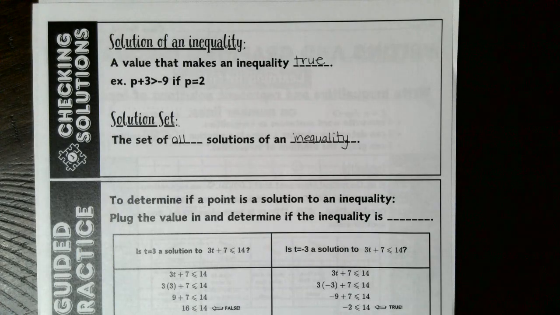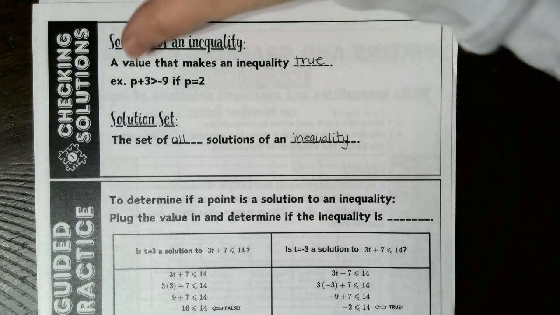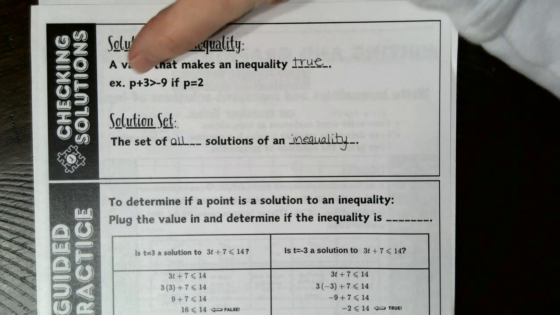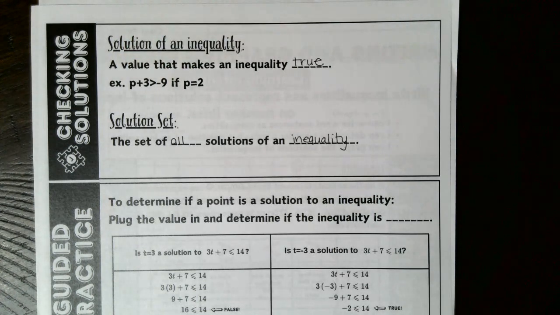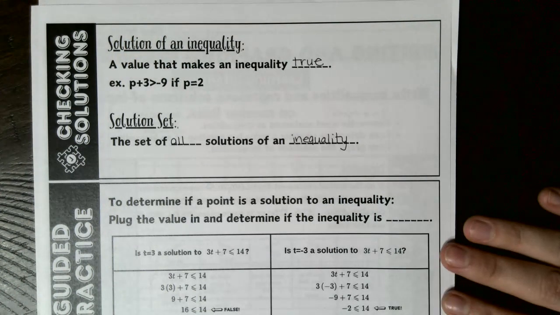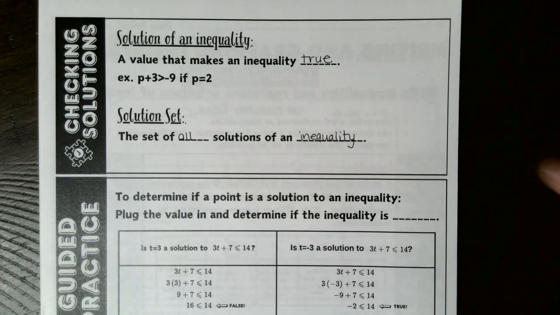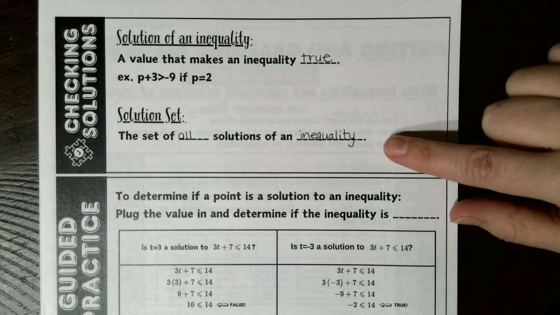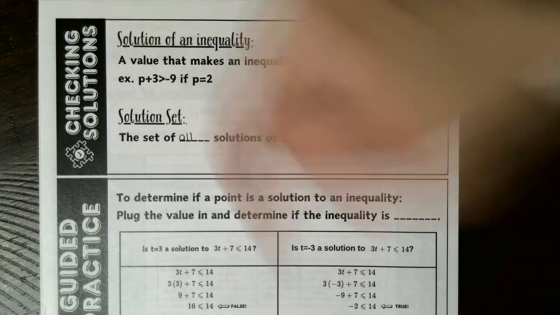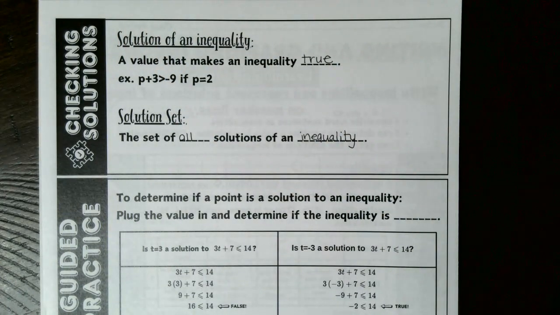I could put 2, I could put 1, I could even put 0 because that would still give me 3. If I had a negative number in for p and plus 3 it still was higher than -9, that would work. So if I wanted to figure out all the answers that would work, that would be called my solution set.